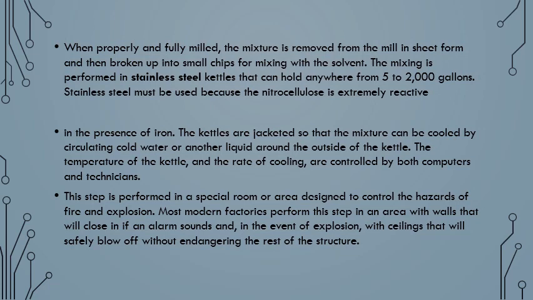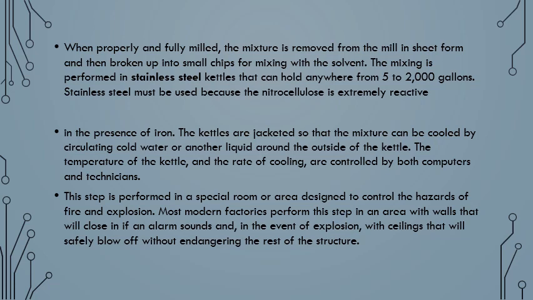When properly and fully milled, the mixture is removed from the mill in sheet form and broken up into small chips for mixing with the solvent. The mixing is performed in stainless steel kettles that can hold anywhere from 5 to 2,000 gallons.